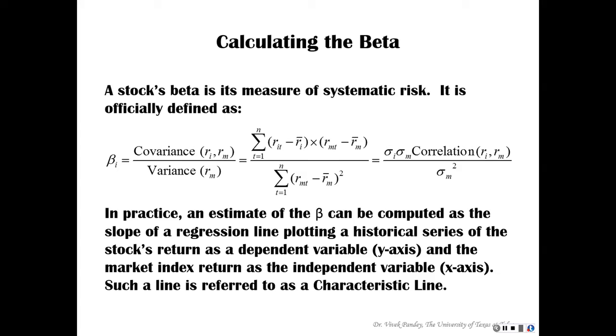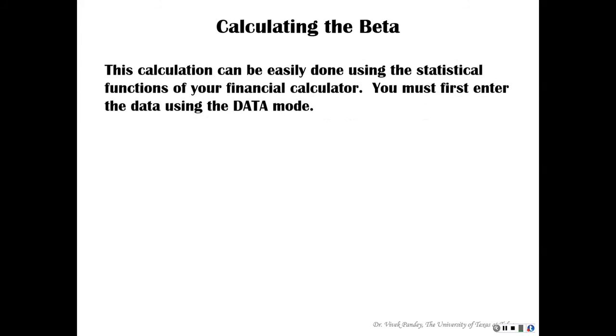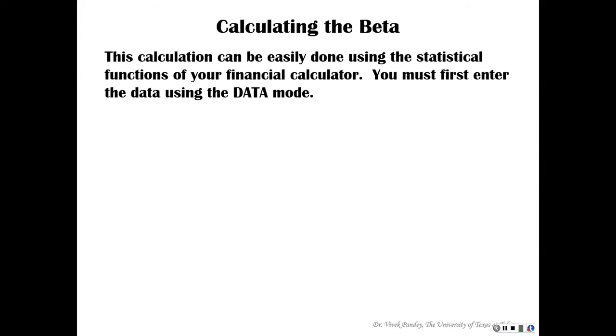We basically want to draw a best fitting line across that plot, and the slope of that line is the beta, and such a line is called a characteristic line. Figure 6-8 in your book shows an example of a characteristic line.